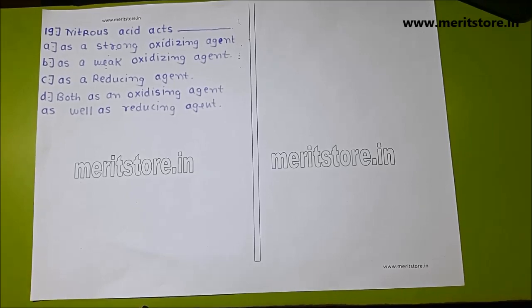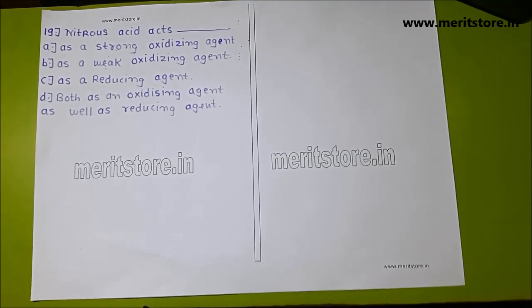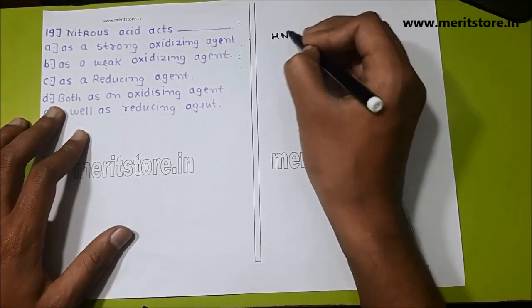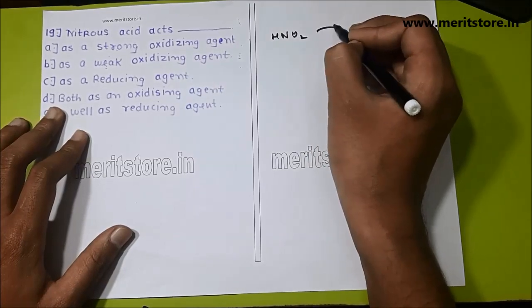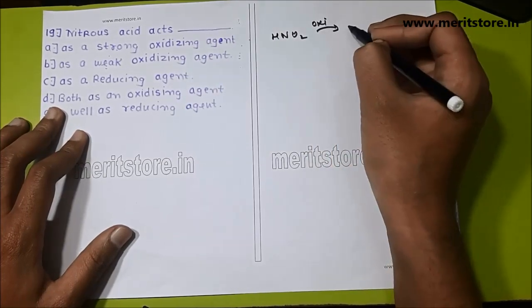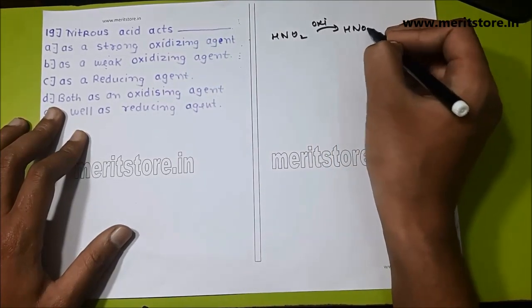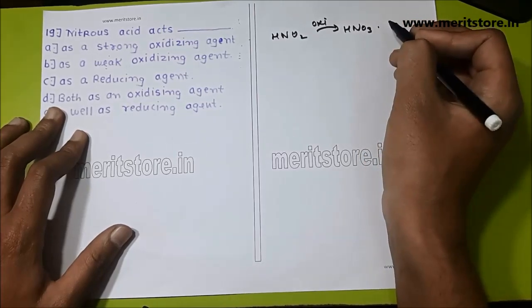Nitrous acid acts as A. a strong oxidizing agent, B. a weak oxidizing agent, C. a reducing agent, D. both as an oxidizing agent as well as a reducing agent. Okay, HNO2 can be easily oxidized to HNO3, so this is a reducing agent.